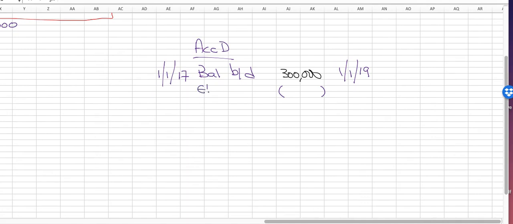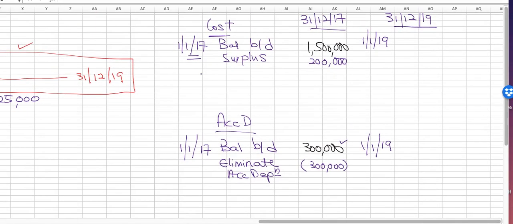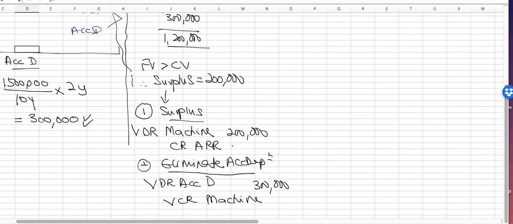Okay, this one is to eliminate accumulated depreciation. You can see here, this is 300,000. This is actually the one that you eliminate. Okay, credit machine, the same entry. You credit machine, that means you reduce your asset. Again, the same one, eliminate accumulated depreciation. Okay, so done with that part.